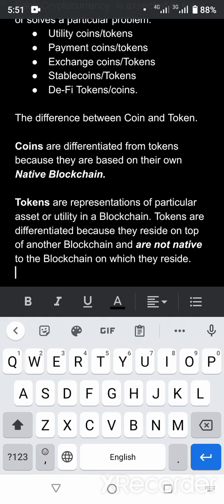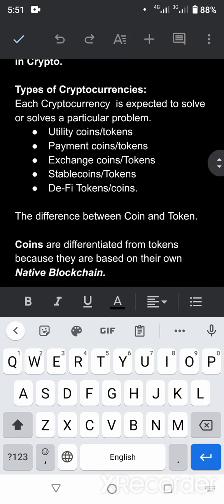Some are based on Binance Smart Chain. Just name it. But once you understand that coins are the original natives of a particular blockchain, and tokens are based on the blockchain, but they are not natives of the blockchain.